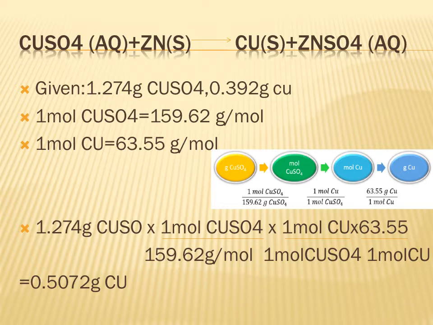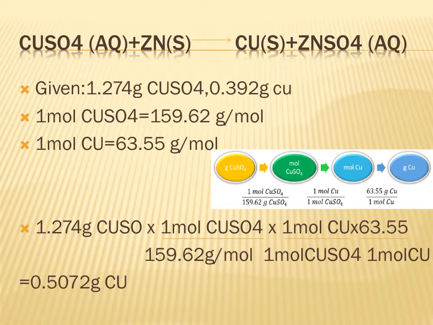The given here is 1.274 gram copper sulfate and 0.392 gram copper, and 1 mole copper sulfate is equal to 159.62 gram per mole, and 1 mole copper is 63.55 gram per mole.